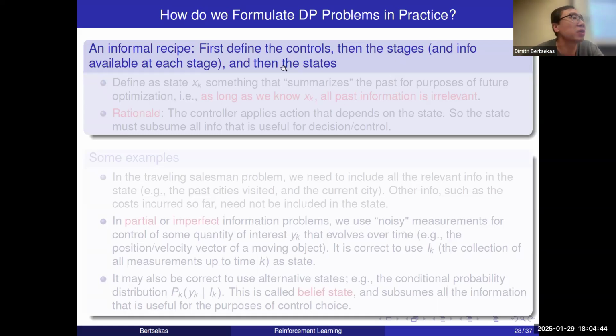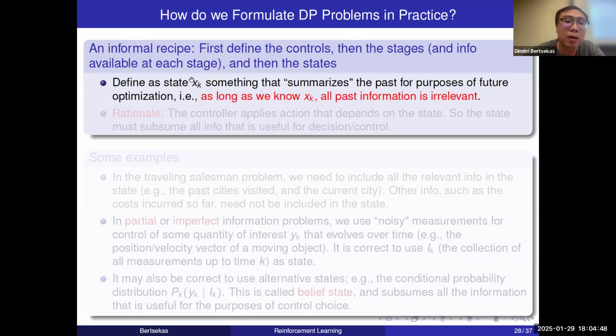And based on those two, you can design what the state is in the problem. And unlike control, which typically suggests itself, for states in a given problem there can be many alternatives. But typically, we define as state something that summarizes the past for the purposes of future optimization. Essentially, that means as long as we know x_k, all the past information is irrelevant.